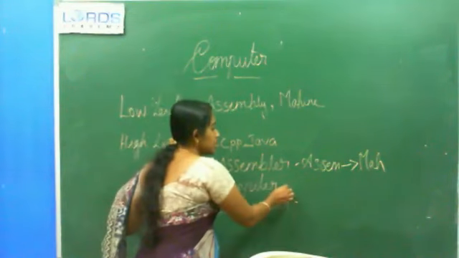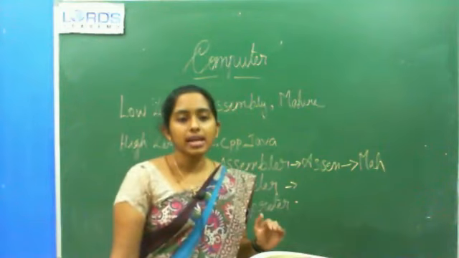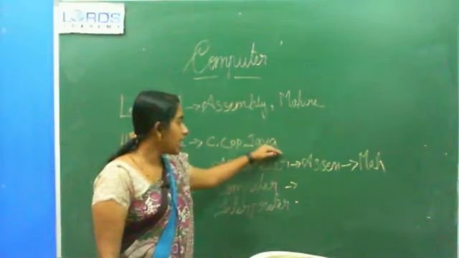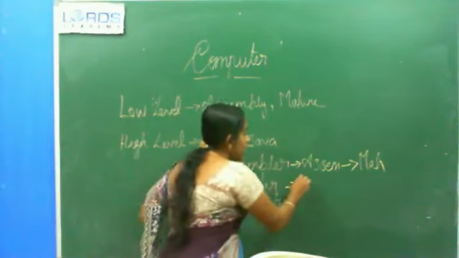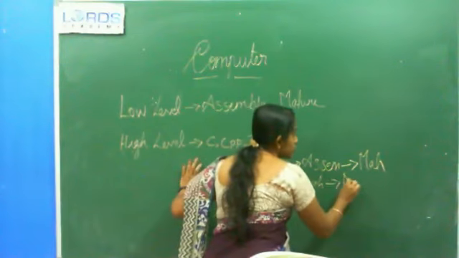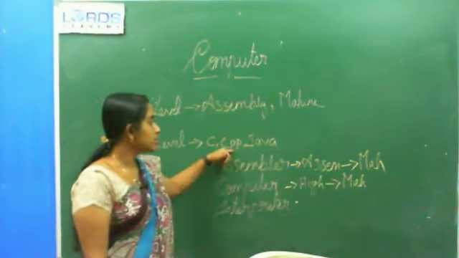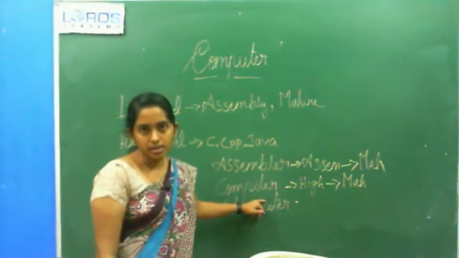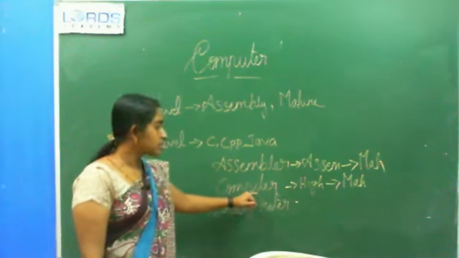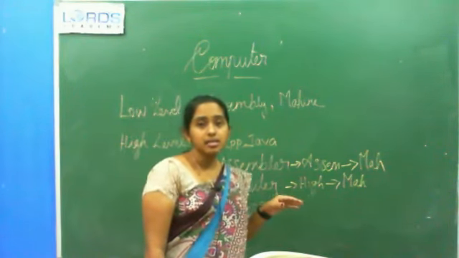And the next one is compiler. This translator will convert a program you wrote in a high level language into machine language. But one difference is there: the compiler converts the entire program at a time.